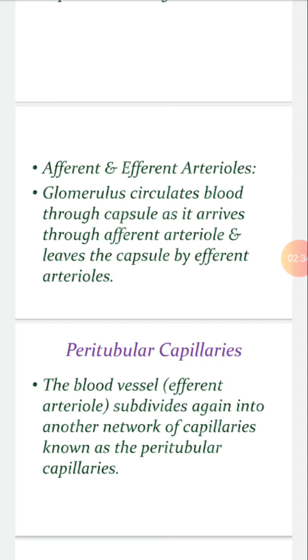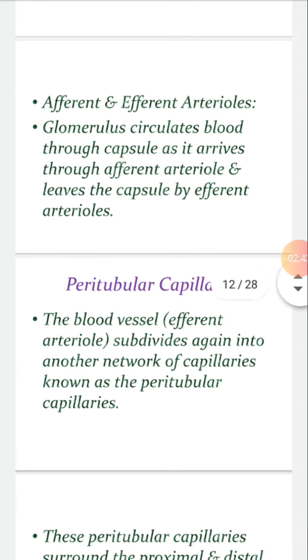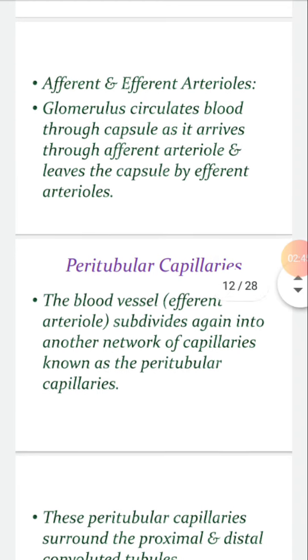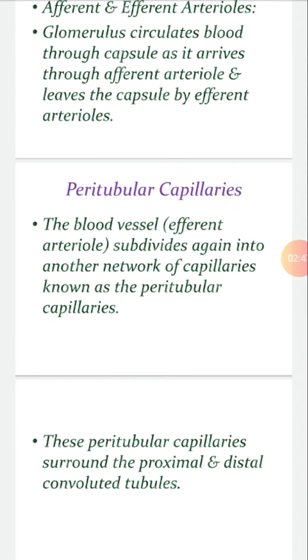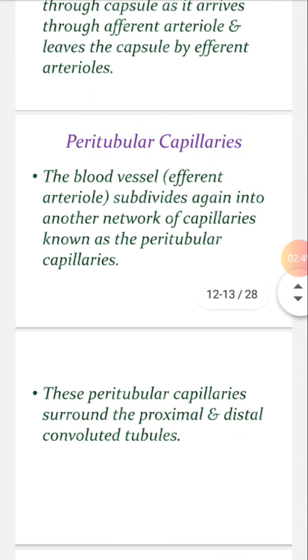Peritubular capillaries. The blood vessel, the efferent arteriole, then subdivides again into another network of capillaries which are called peritubular capillaries. These peritubular capillaries surround the proximal and distal convoluted tubules. Convoluted means coiled.